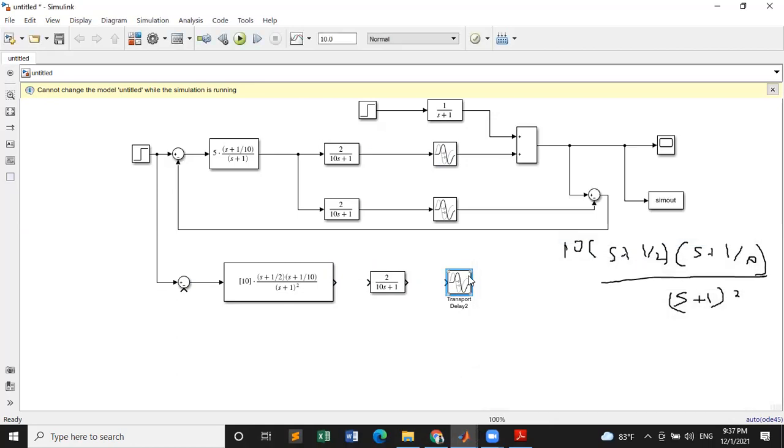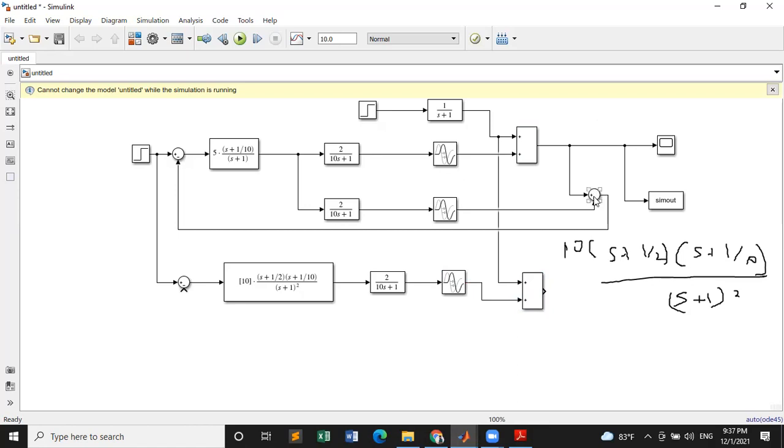Then you need an adder. For the adder's first part, you need to get the same disturbance from a step. That is from here. Then you need to get the feedback loop. Feedback loop you have to create from here.